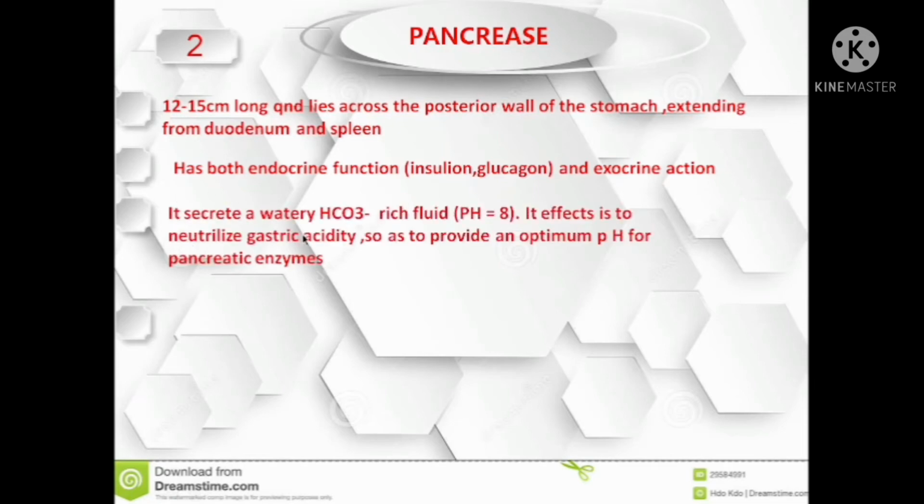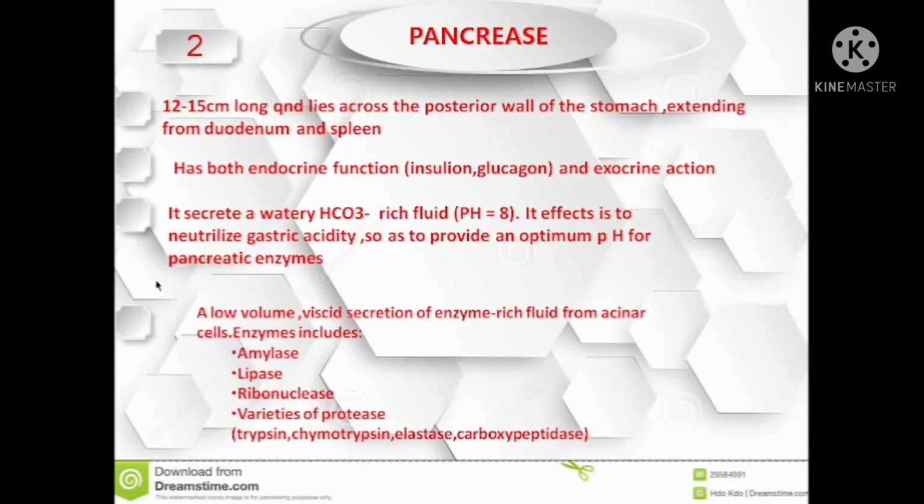So it secretes a watery, bicarbonate-rich fluid which has a pH of 8, and its effect is to neutralize gastric acidity. So once there is acid in the stomach, the pancreas produces an alkaline watery fluid to neutralize the gastric acidity, so as to provide an optimal pH for pancreatic enzymes, okay? So that's a low volume viscid secretion of enzyme-rich fluid from acinar cells.